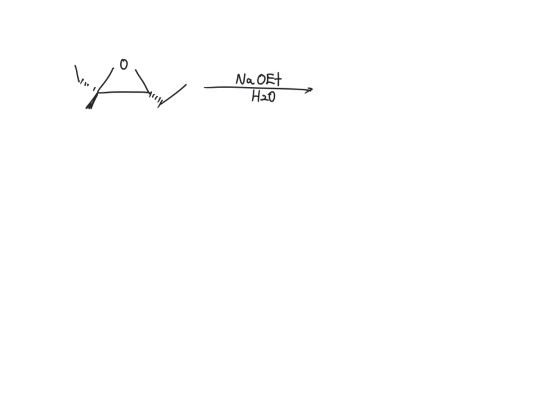So for this one, the product here will be the OEt added to the carbon on the right, and that is a stereocenter, so you will have the inverted stereochemistry right on this carbon. Okay, right, because it comes in here, kicks off this bond, so that bond goes down here.